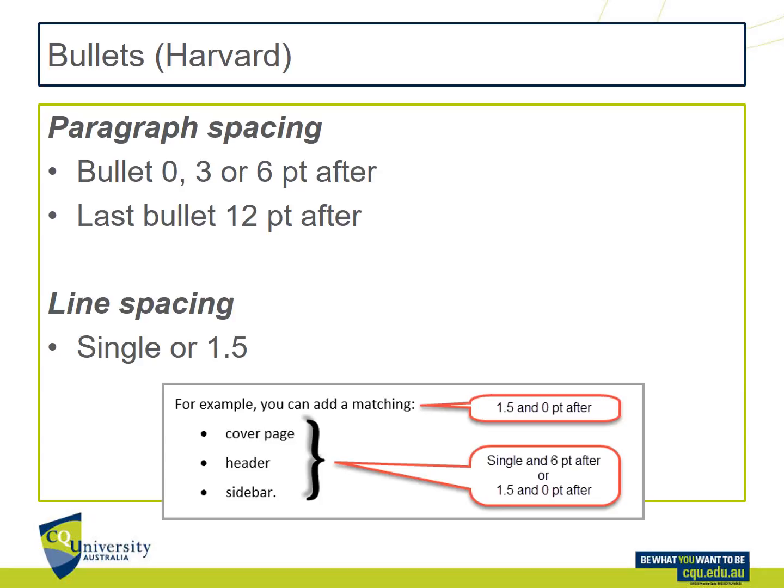The reason being is that 6 points after automatically appears when there's a line spacing of 1.5, because the 0.5 line spacing is already 6 points high. So don't forget to make your last bullet point 12 points after.